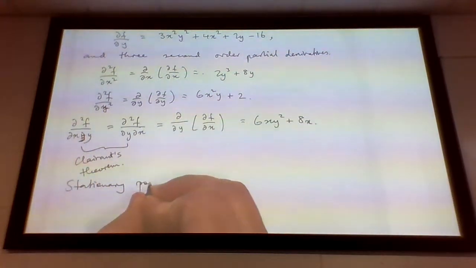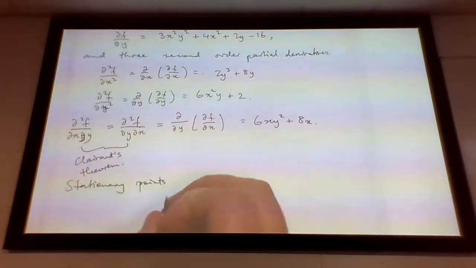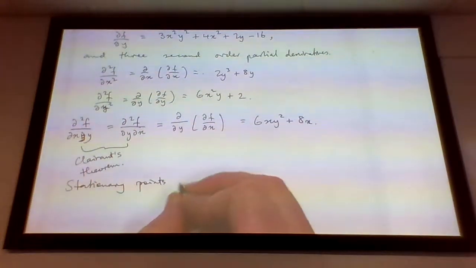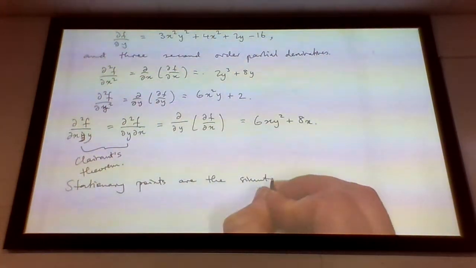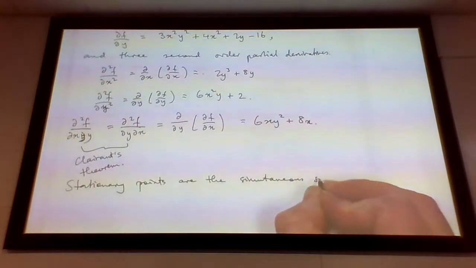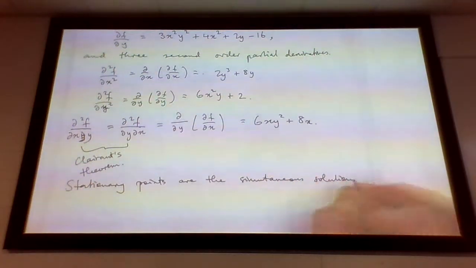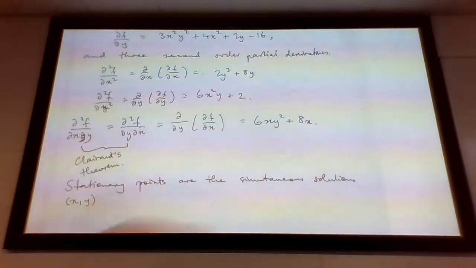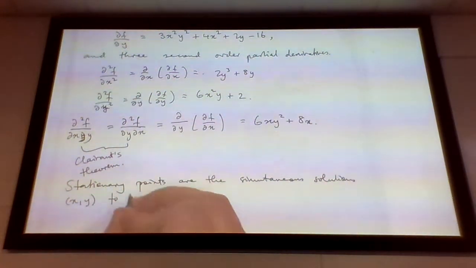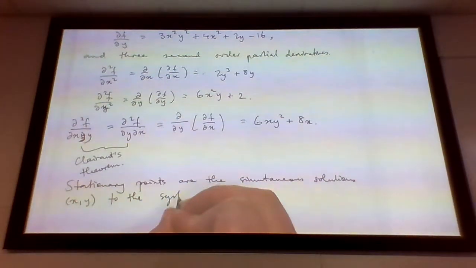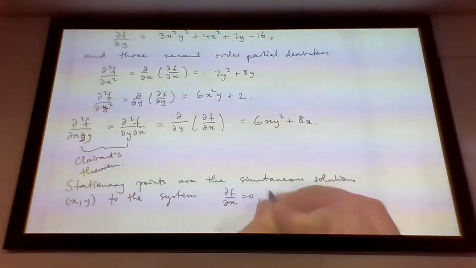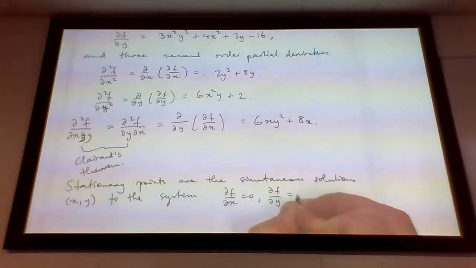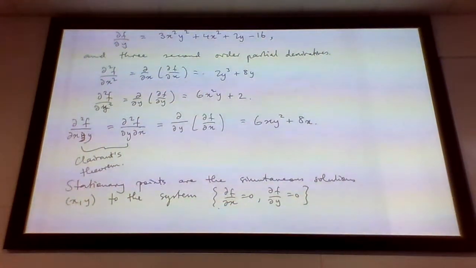Well, I would make the statement clear so that you know what we're talking about. Stationary points are the simultaneous solutions, and emphasize the point that a solution is a pair of coordinates, an x-coordinate and a y-coordinate, to the system df dx equals 0 and df dy equals 0, this pair of equations.